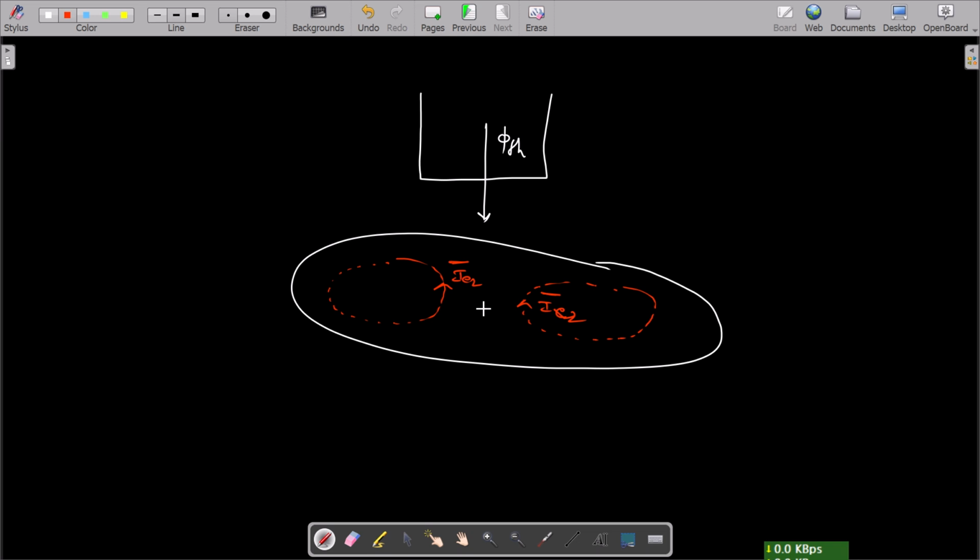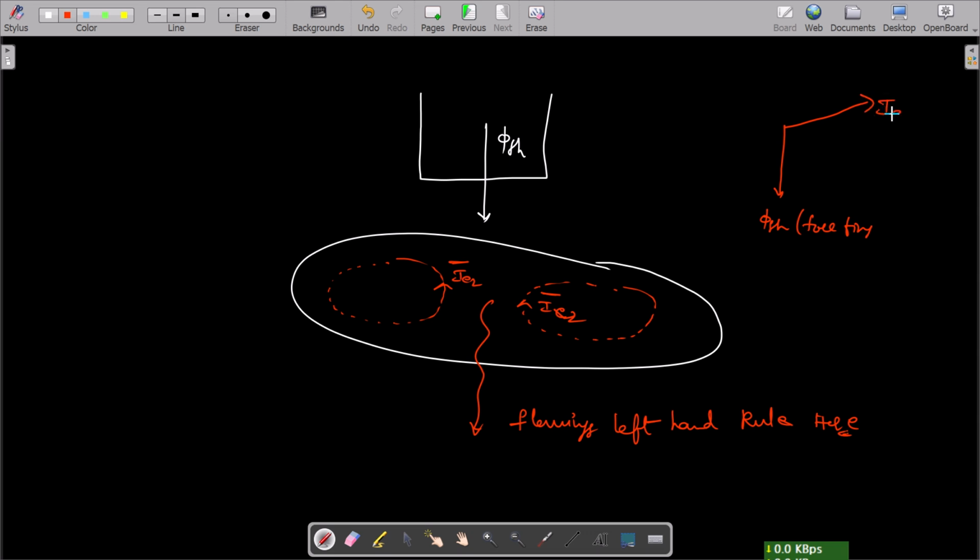Now what we will do is apply Fleming's left hand rule here. Then four finger direction is nothing but flux direction, phi sh. And the eddy current direction is the central finger.